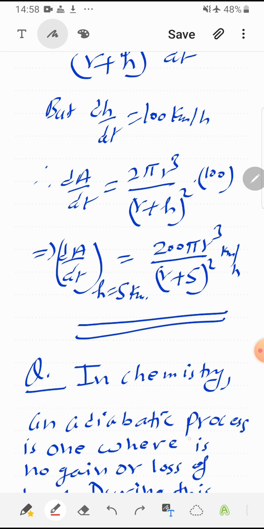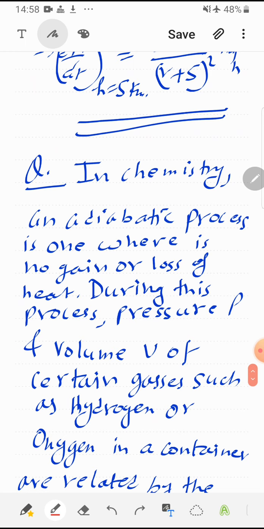So next question, in chemistry. An adiabatic process is one where there is no gain or loss of heat. So this is a reality that in an adiabatic process there is no gain or loss of heat. Heat change is zero.